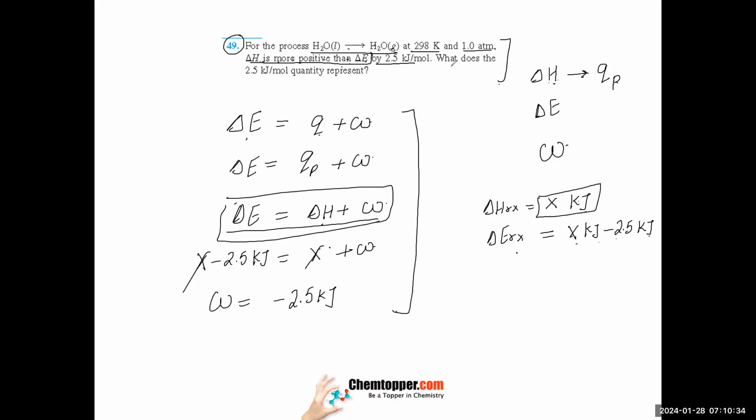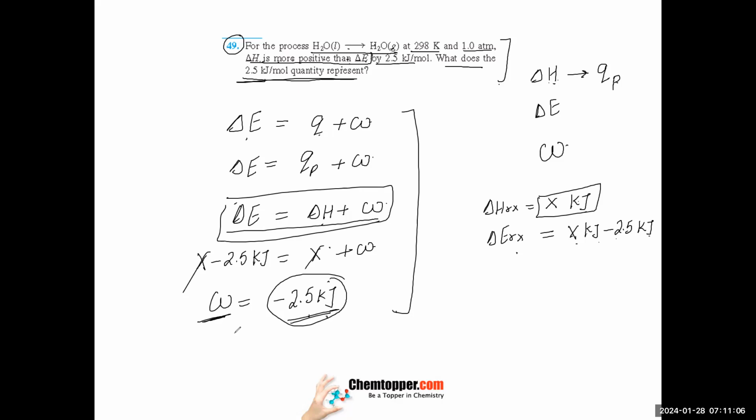Now, what does the quantity represent? That's the question. Question is asking, what does this quantity represent? You have done it. What is W? It represents work. Work done on the system or work done by the system? See the sign, negative sign.